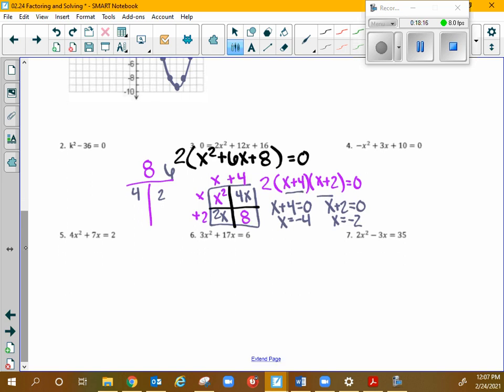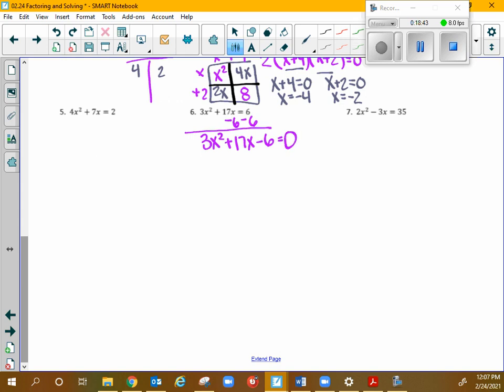Okay, number 6. What's wrong with it? It's equal to 6. It's not equal to 0. Can I make it equal to 0? Yeah. What do I have to do? Subtract 6. So I get 3x squared plus 17x minus 6 is now equal to 0.